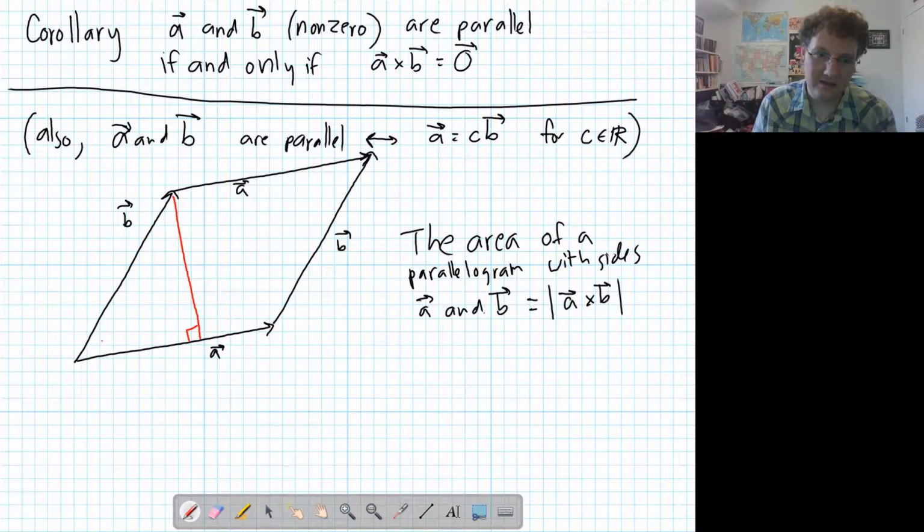If this is the angle between these two vectors, the height is going to be magnitude B times the sine of theta, right?